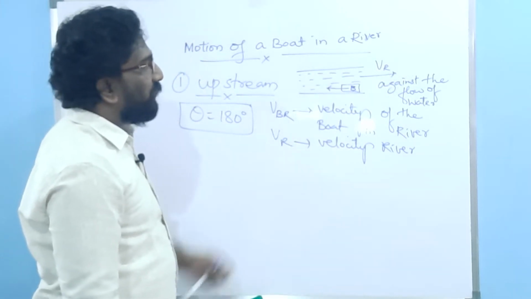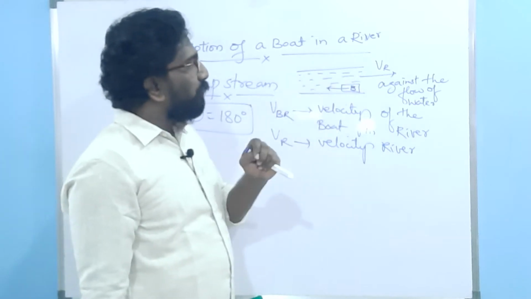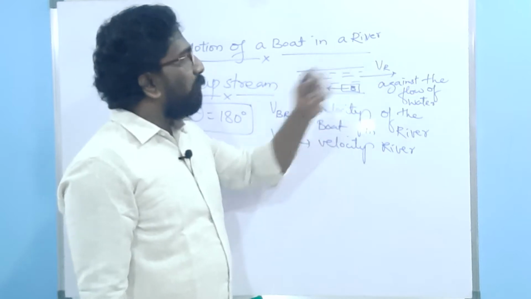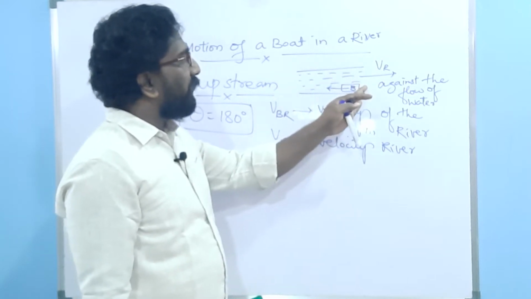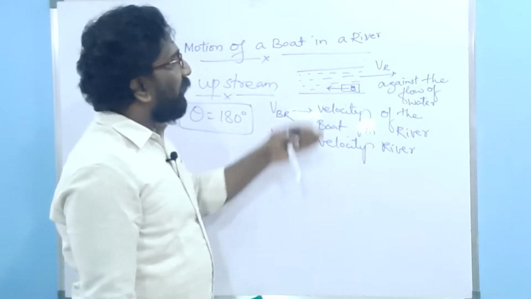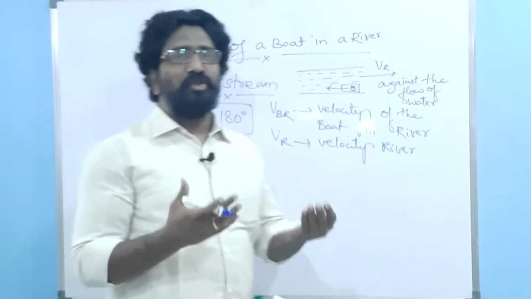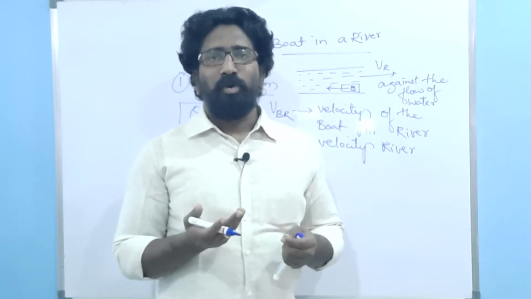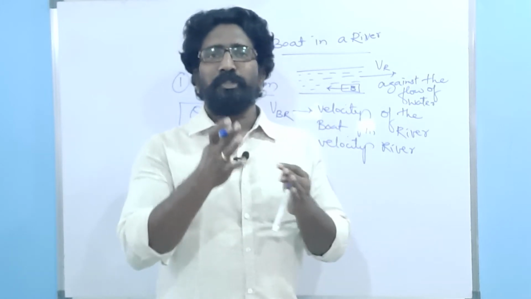Let me assume that the water is flowing at 8 kilometers per hour, and the boat is traveling against the flow of water at 16 kilometers per hour. If I want to find the actual, resultant or net velocity of the boat, both are in opposite directions.